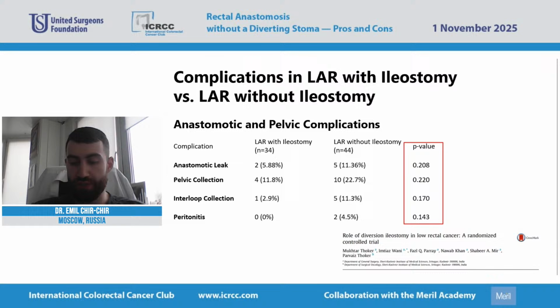This is supported, for example, by a study from our colleagues in India, which showed that using a preventive ileostomy in low anterior resection reduced the risk of the most severe postoperative complication and promotes faster recovery.